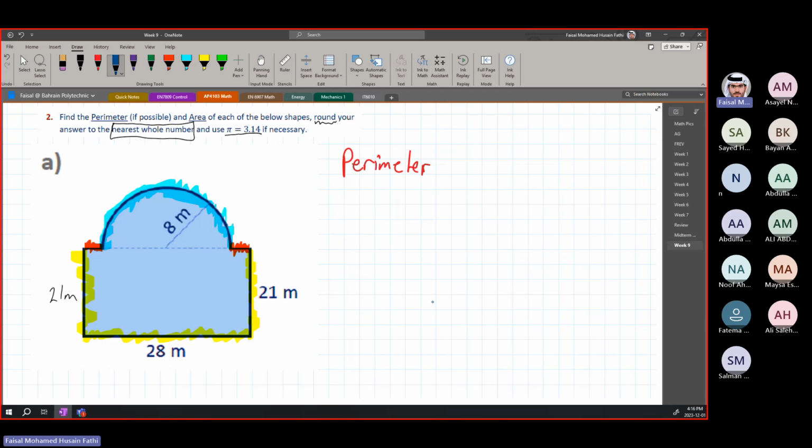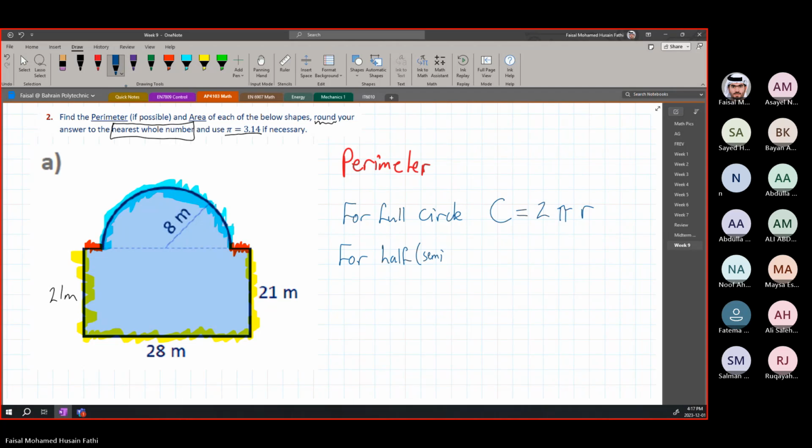So all you have to do, in this case, يعني نص دائرة يعني. So all you have to do here for a semicircle, so for a full circle, what is the perimeter? Or for a circle, we said it's called the circumference. It's 2 pi r. For a half circle or semicircle, C is going to be equal to pi r.